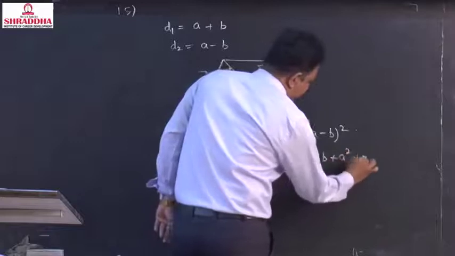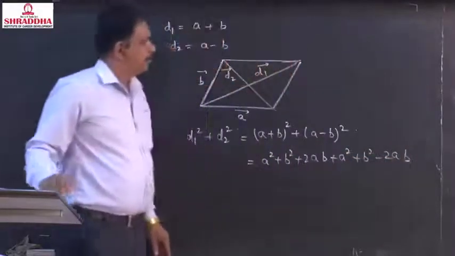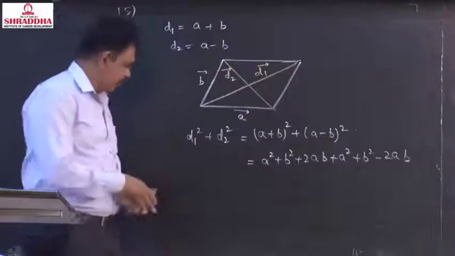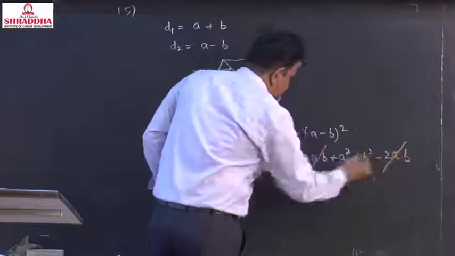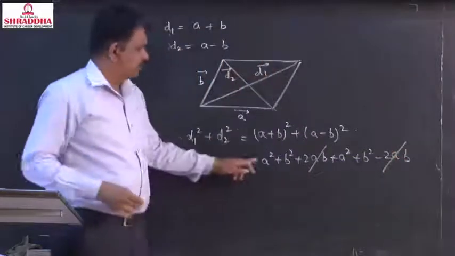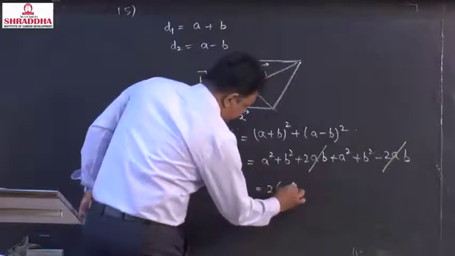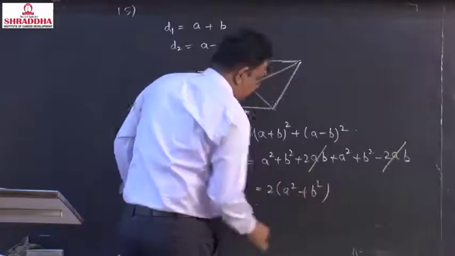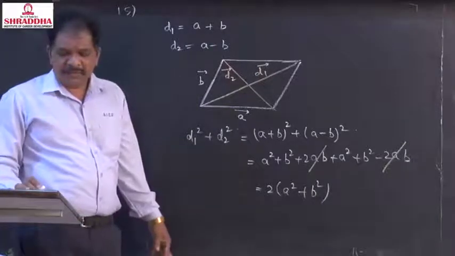This is A square plus B square minus 2AB. These two get cancelled. So this will be 2A square plus 2B square. This is 2 into (A square plus B square).